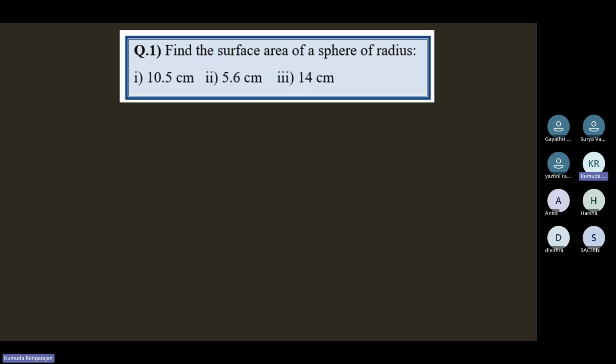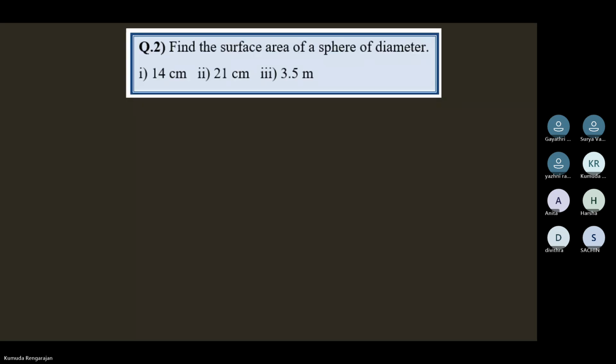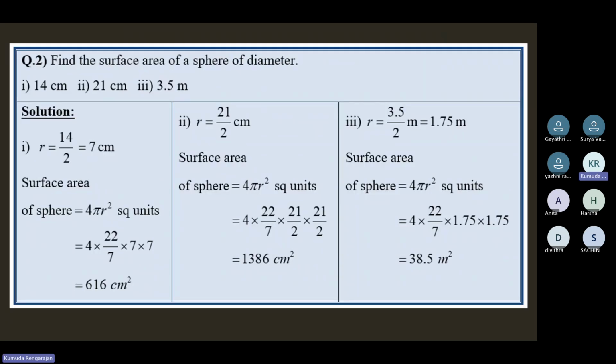Direct questions. So you should find the surface area given the diameter. So radius is half of that.